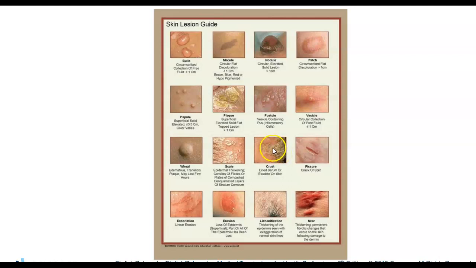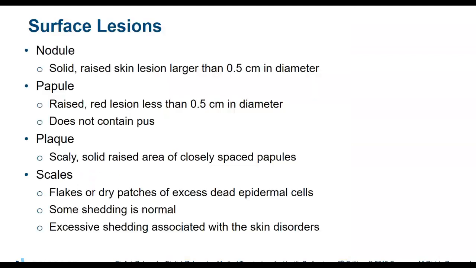The crust is like when you scrape your knee, and as that serous or serosanguineous fluid drains, it actually dries and hardens, and it gets to be kind of crusty. Okay. Here's that fissure, that crack. And then the erosion, and we're not going to go with the others, just so you know.